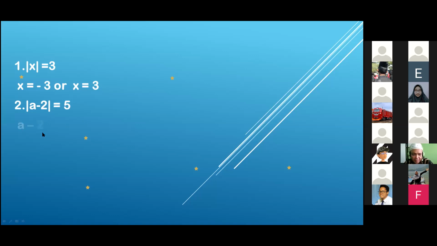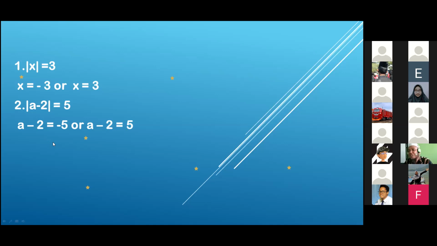A minus 2 may be negative 5, or A minus 2 may be 5. When it's negative, A minus 2 must be negative 5. When it's positive, A minus 2 must be positive 5. And then solve the problem.